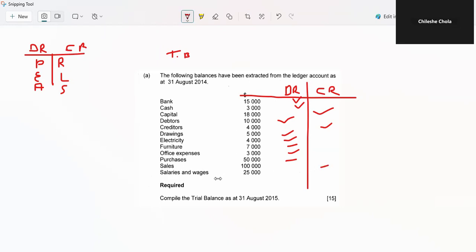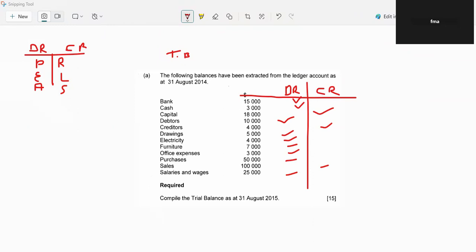Then salaries and wages, those are expenses, we are debiting. Correct. So this should be at your fingertips, posting which one goes where. At least that should not be a problem.